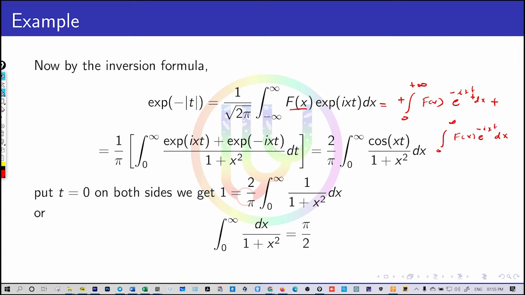So this is f of x e raised to minus i x t plus dx. This plus cancels, the two are the same. Okay, so here minus and here plus came, right? This is plus, sorry.